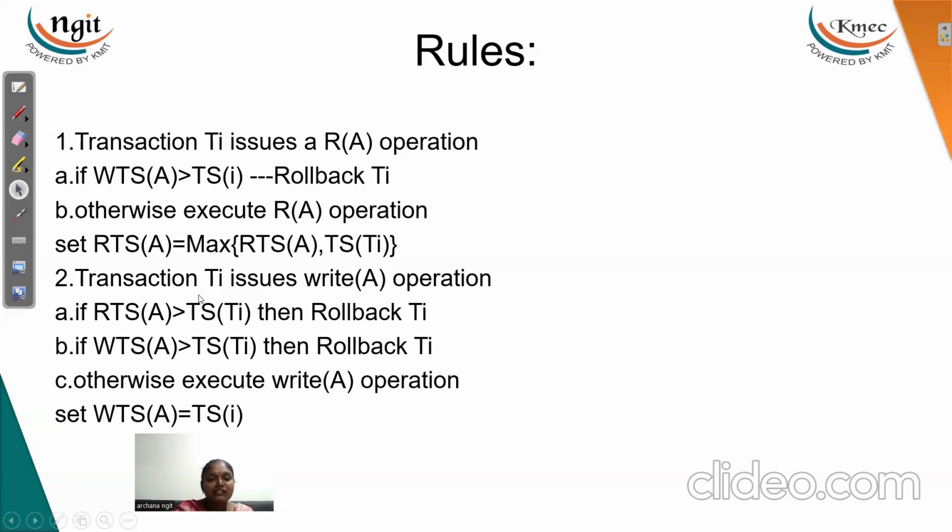Now, with respect to the second one, where we need to look at write operation, we have two conflicting operations. One is read timestamp and the second one is write timestamp upon the same data member A. Okay. So this we need to understand by taking an example.